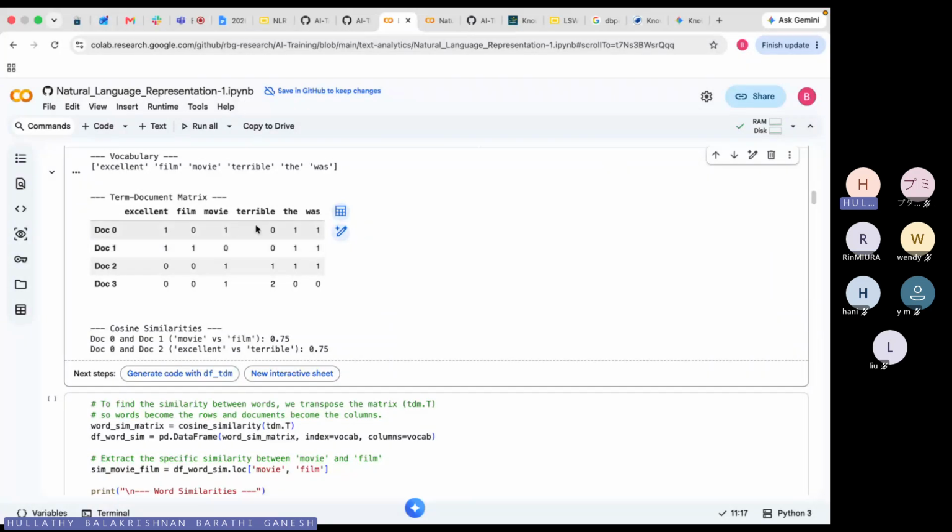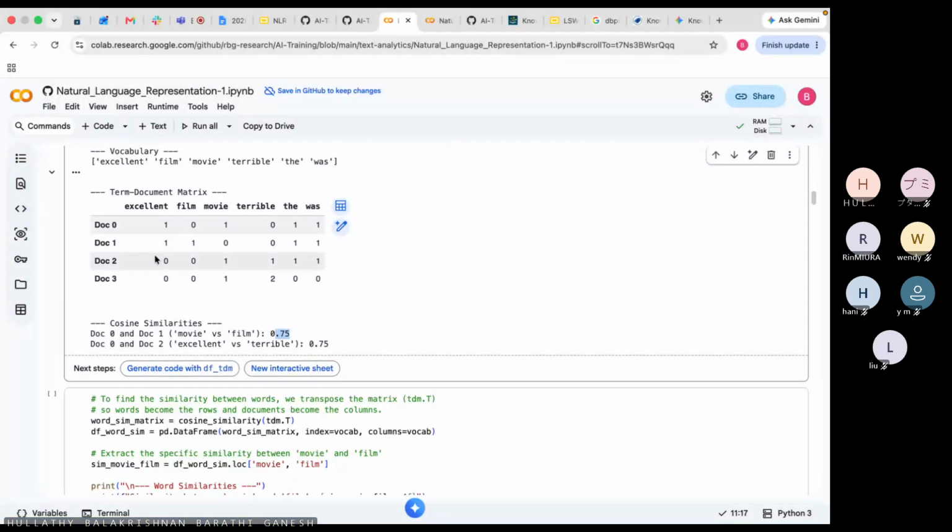The movie alone got 0 and film got 1. When you find the similarity, you can see all the other entries are 1, so it's like 3 by 4. So it's a 0.75 similarity. The same happened over here as well.